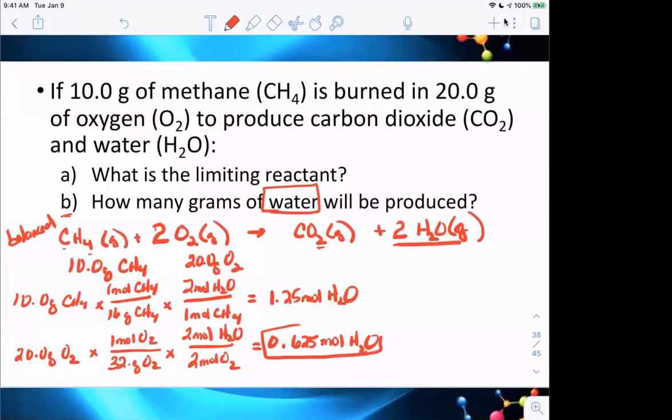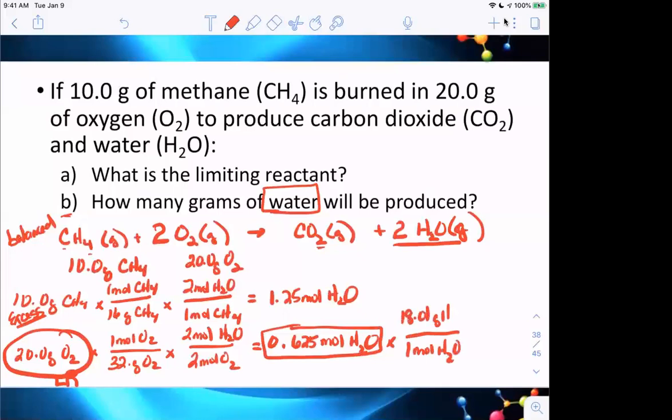This is the smaller number, which means my oxygen is my limiting reagent, my methane is in excess, and I can calculate the theoretical yield from this number. So 0.625 times 18.02, I can make 11.26 grams of H2O.